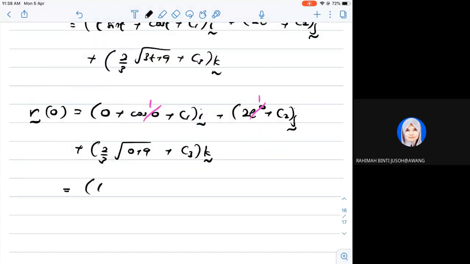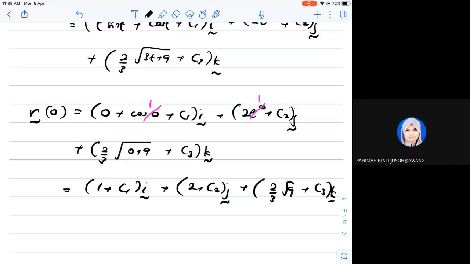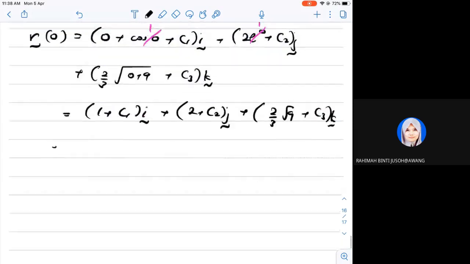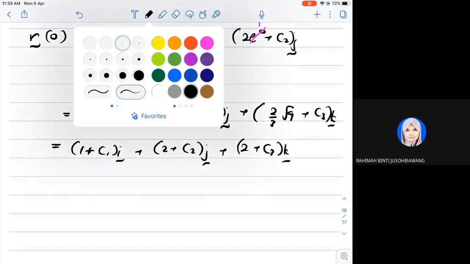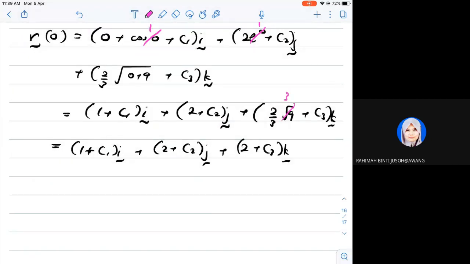Equals to 1 plus C1 i plus 2 plus C2 j plus 2/3 square root 9. Square root 9 jadi 3 tambah C3 k. So we will have 1 plus C1 i tambah 2 tambah C2 j, 2 kan tambah C3 k. Square root of 9 is 3. 2/3 darab 3 jadi 2 lah.